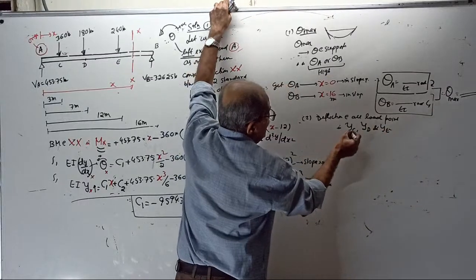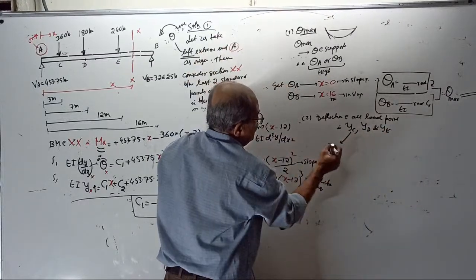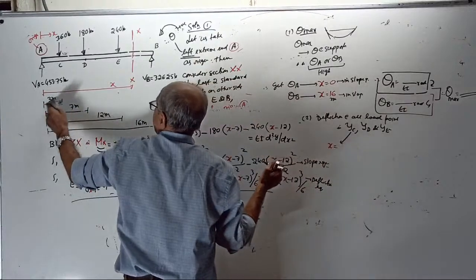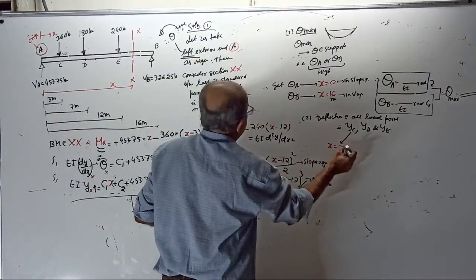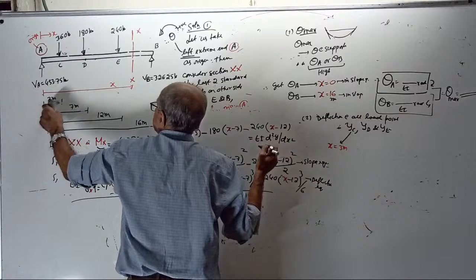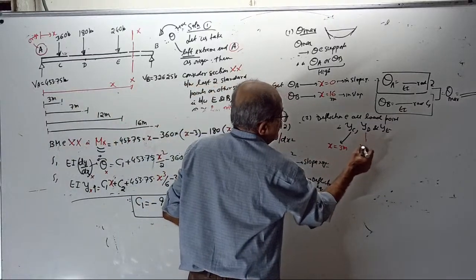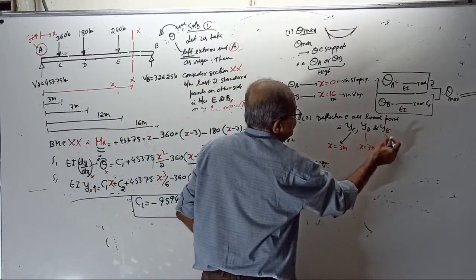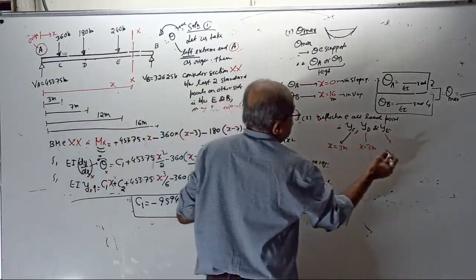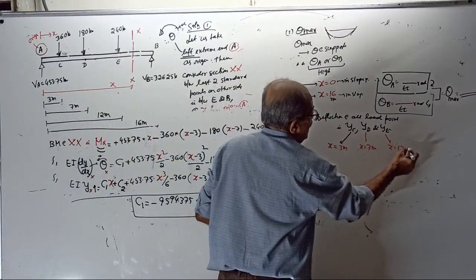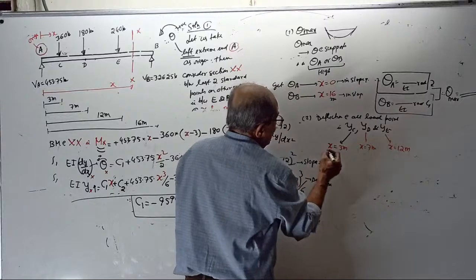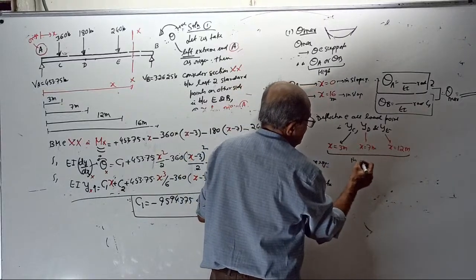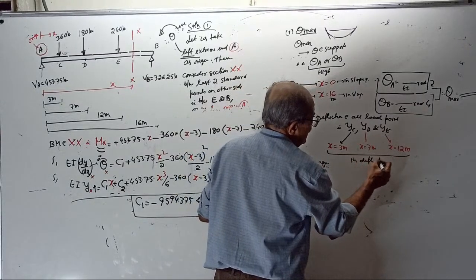See, to get deflection at C, substitute x equal to 3 meter. To get deflection at D, substitute x equal to 7 meter. To get deflection at E, substitute x equal to 12 meter. All these, everything one by one in the deflection equation.